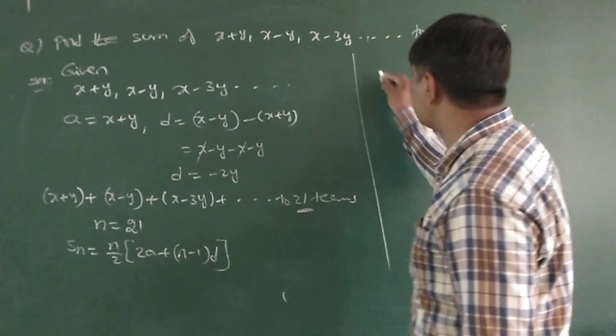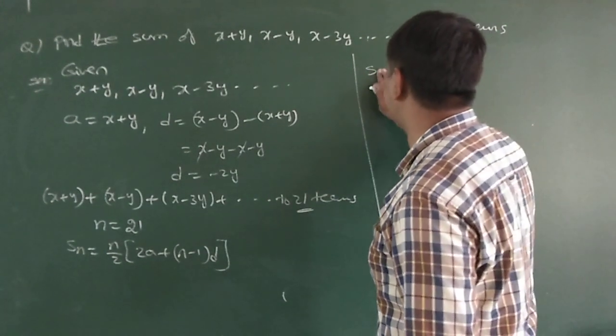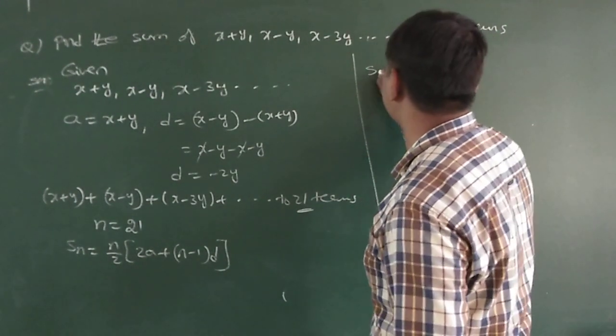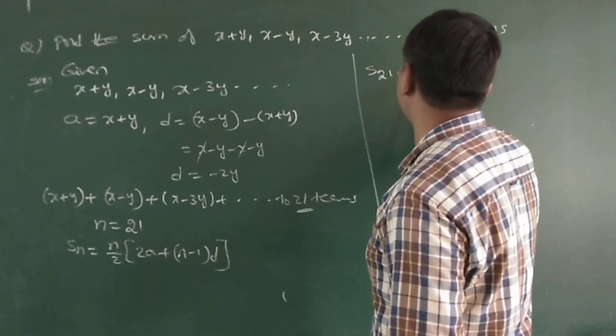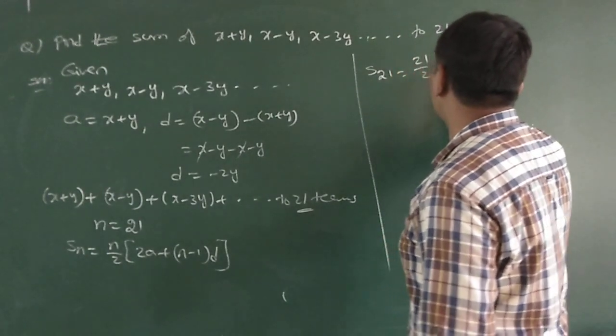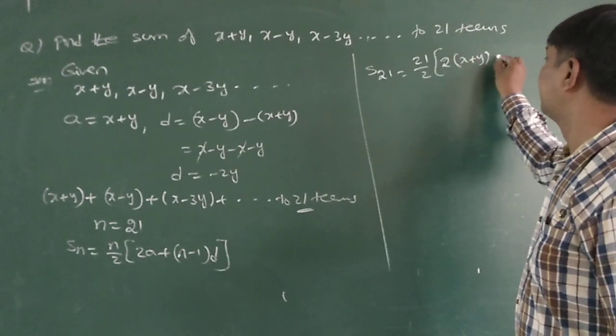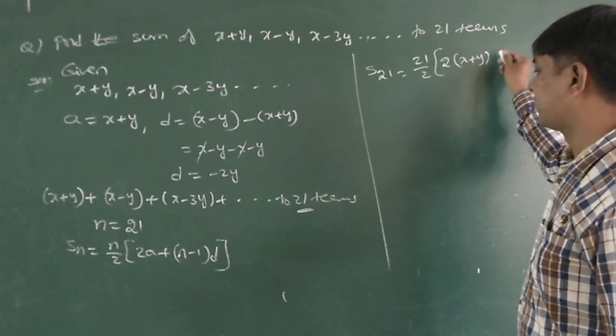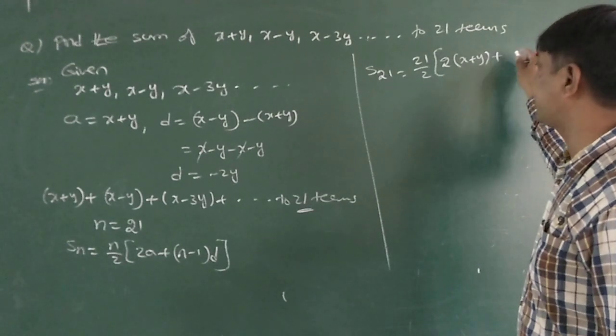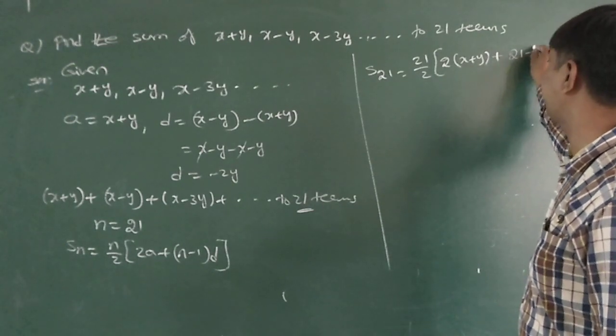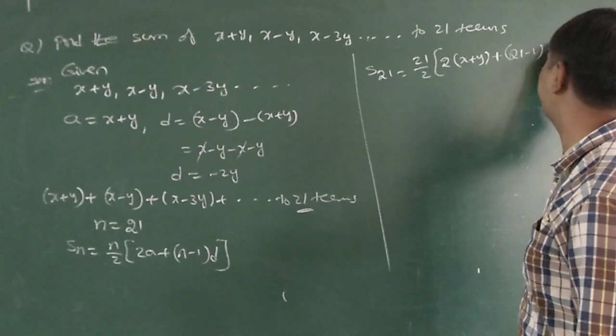Now substitute those. Sn, n means 21 terms. S21 is equal to 21 by 2 into the a value, x plus y, plus n minus 1 into d. n means 21 minus 1 into the d value, minus 2y.